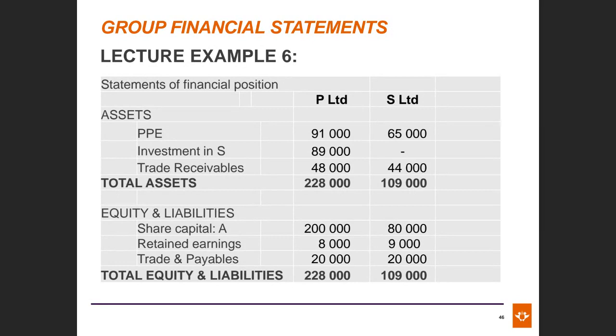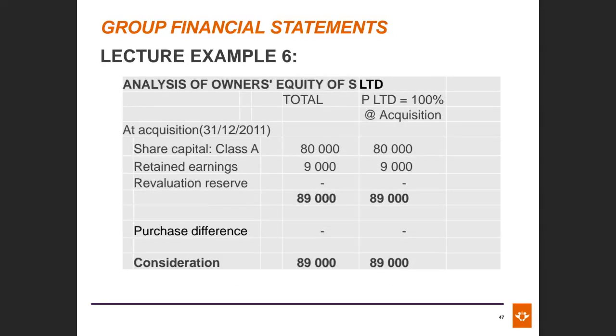Obviously, in the consolidation process, we are going to take these financial statements and consolidate them. So let's first have a look at the analysis of the owner's equity of S Limited. In the trial balance, we have share capital of 80,000 in S Limited, and retained earnings of 9,000.